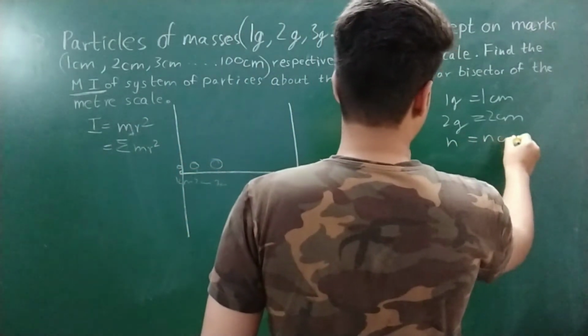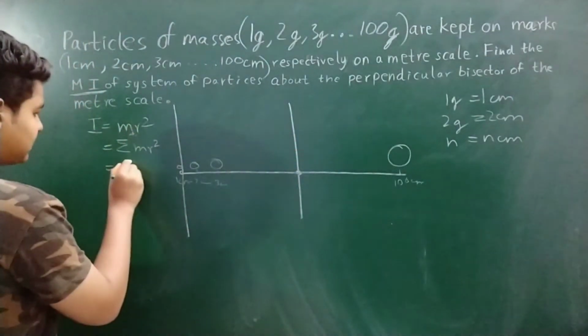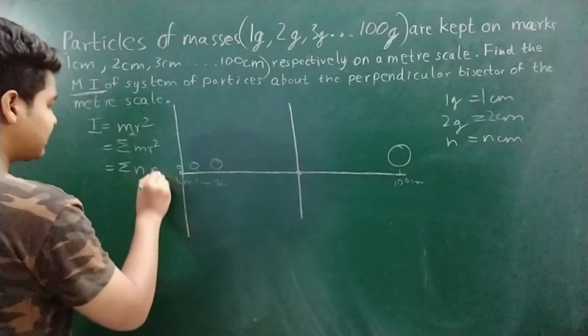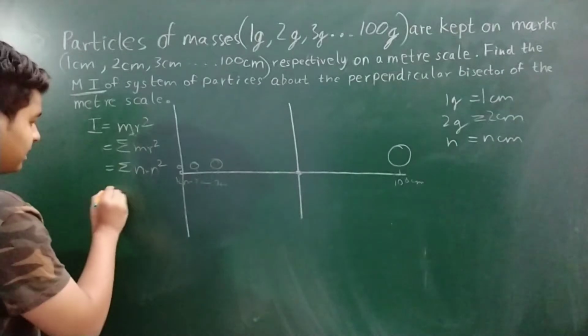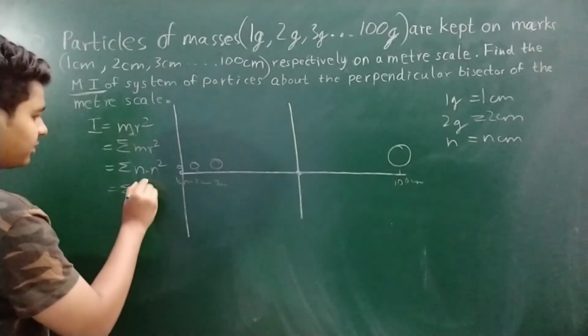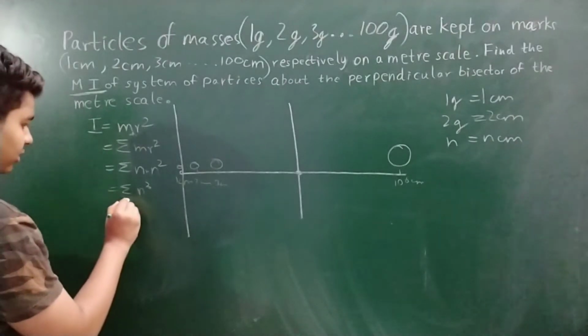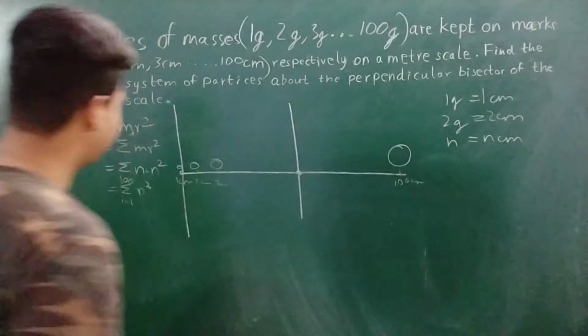N centimeter. Similarly, let me consider this mass as n. So what will be the distance? N centimeter. Square. N multiplied by n square. It will be summation of n cube. And what are the limits to this? It will be i equal to 1 till 100, because our last value is 100.